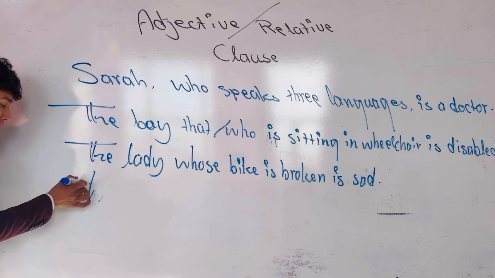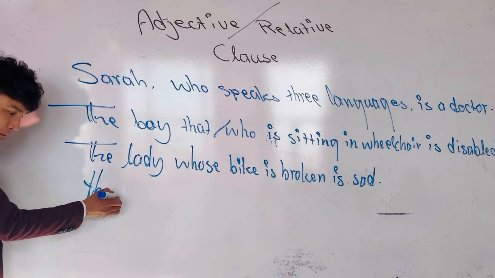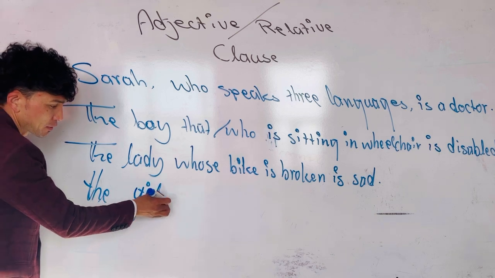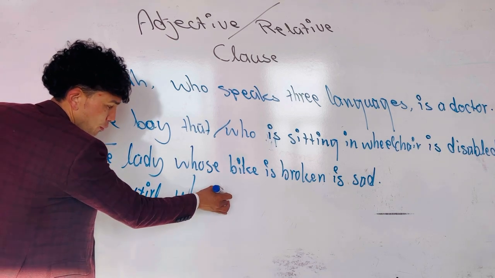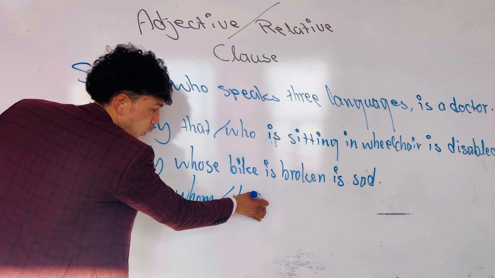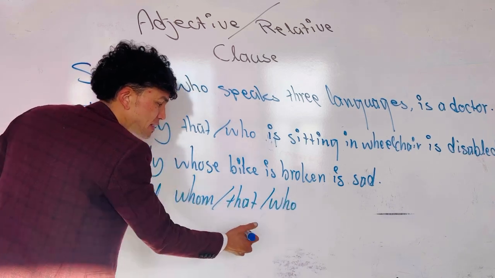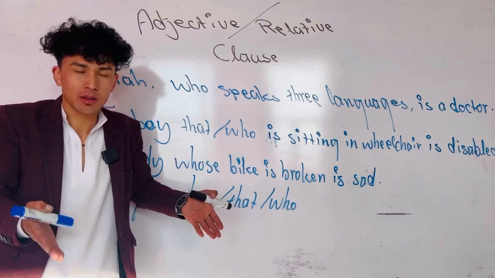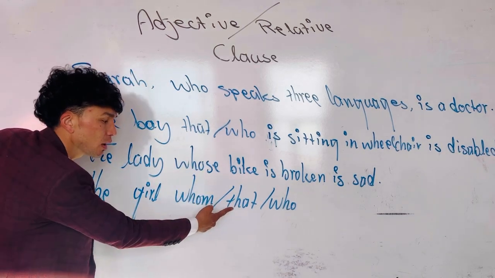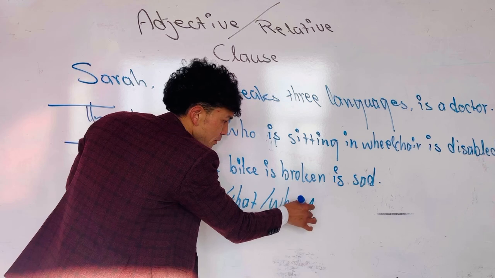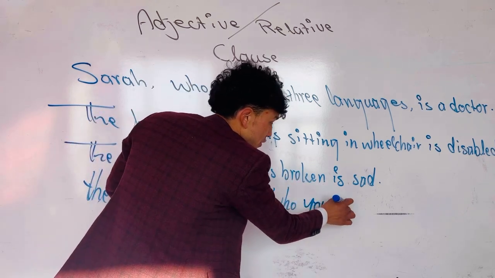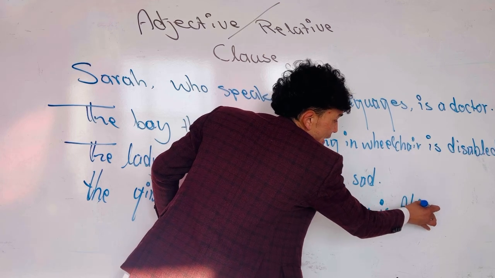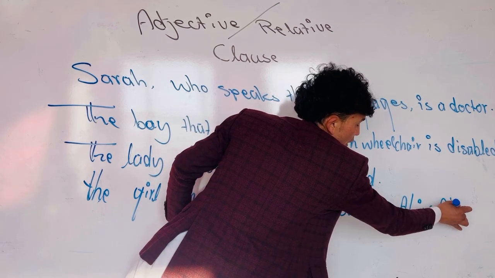Then somebody says, hey, okay, the girl whom, that, or who. It means these three words can be used interchangeably with the same meaning. The girl whom, that, or who you saw is Ali's fiance.